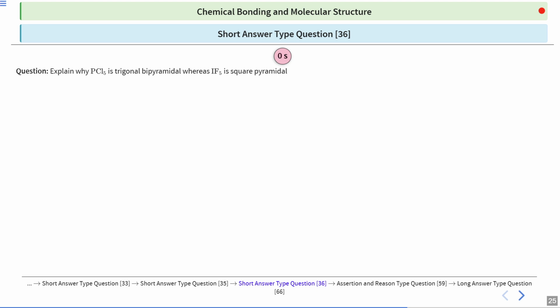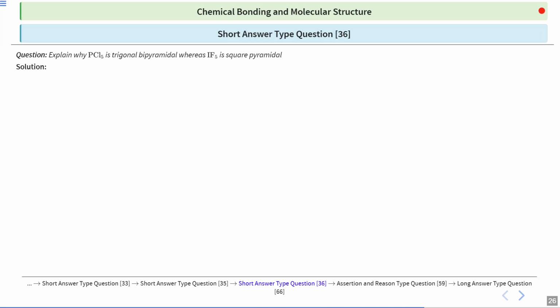So your time is up. You have to say why PCl5 is trigonal bipyramidal, whereas IF5 is square pyramidal. Very simple. Just calculate the steric number, and due to the presence of one extra lone pair in IF5, it will not have a similar shape as PCl5. Yes, it is due to the presence of a lone pair.